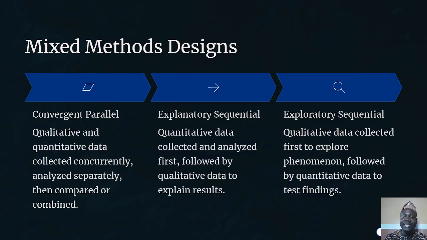Now, we must get this clearly. When I give an instrument, maybe a test question, and I tell students to work a mathematics question, and I want to study their errors in that question, or at the same time I want to see their average mean score, I'm using that particular instrument to collect both quantitative and qualitative data.